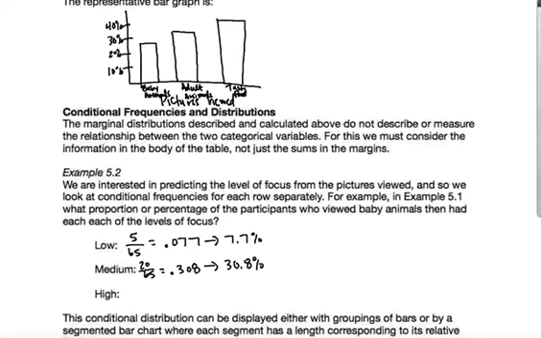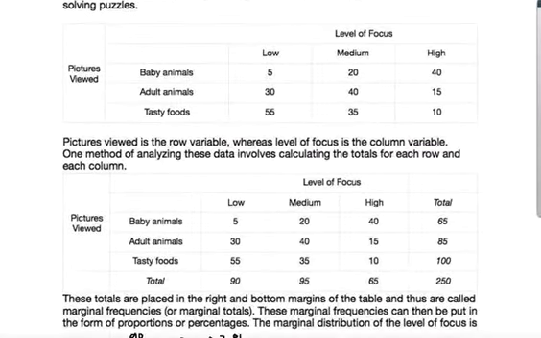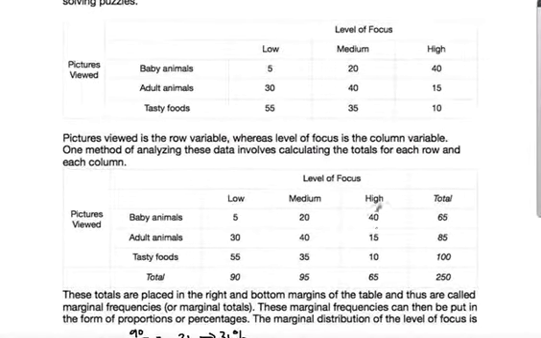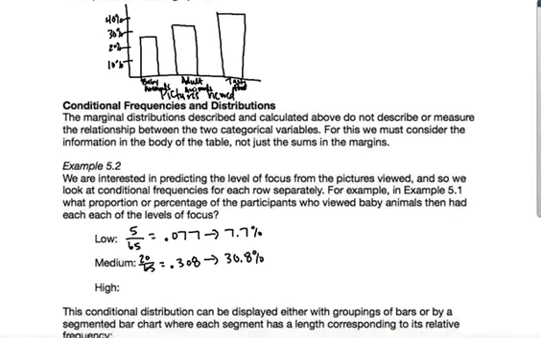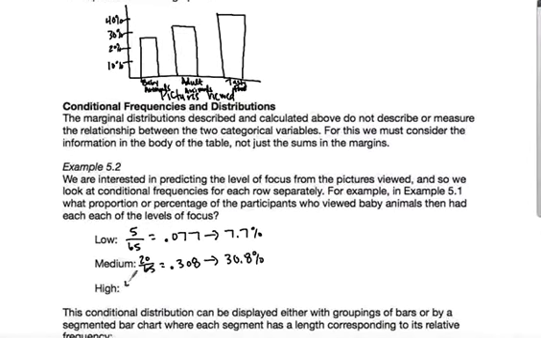The last is going to be high, so we go back and look at the table. There were 40 people out of 65 who had high level of focus, so 40 over 65 will give us 0.615 or 61.5%.